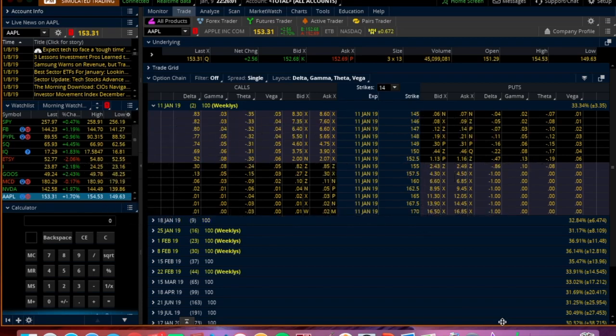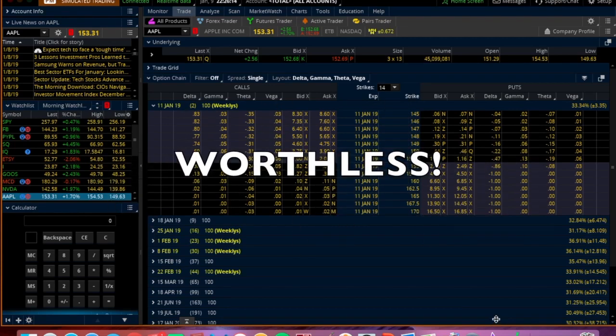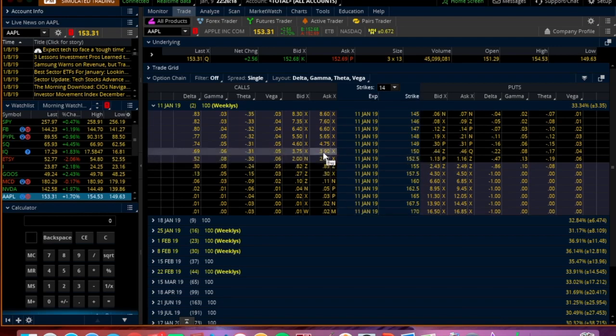And again, I wanted to reiterate: if by the date of expiration, your options contract, whether it's a call or a put, is out of the money, that means it's going to expire worthless. So if I were to spend $390 on this particular contract and it doesn't hit my strike price by that point, then this will be $0 by January 11th.